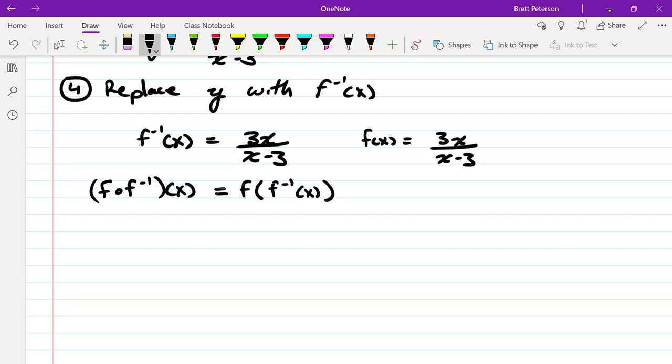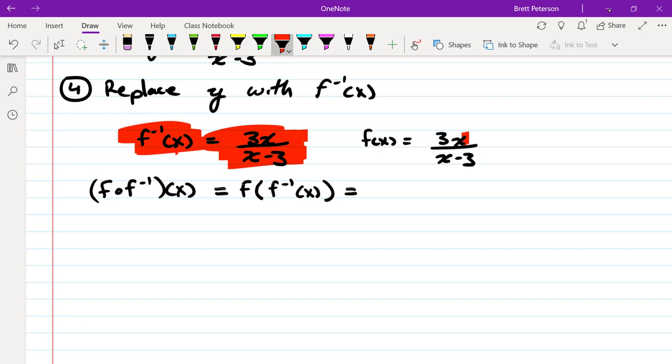And that means everywhere where I see an x in f, I'm going to put my entire function f inverse. So that means I'm going to replace every x in f with the entire function f inverse.